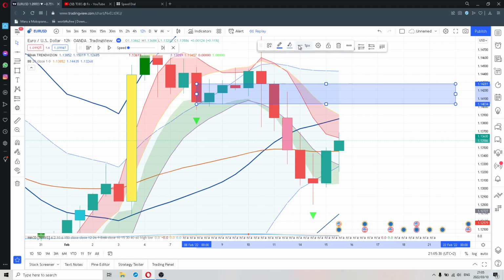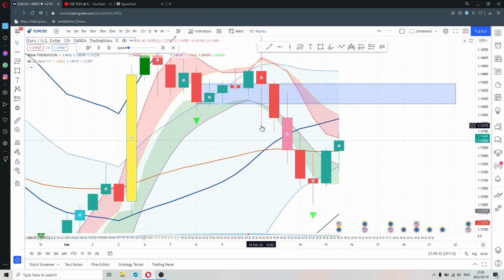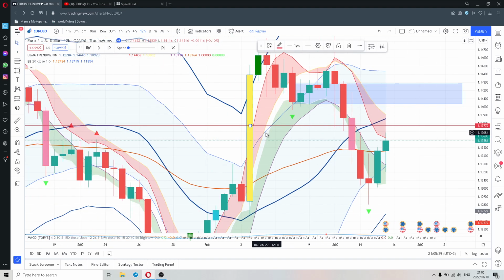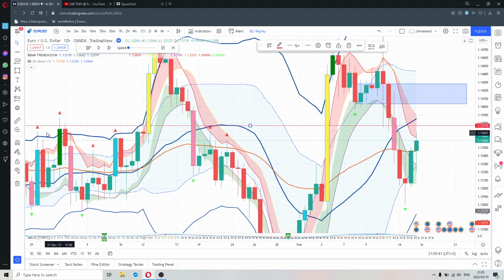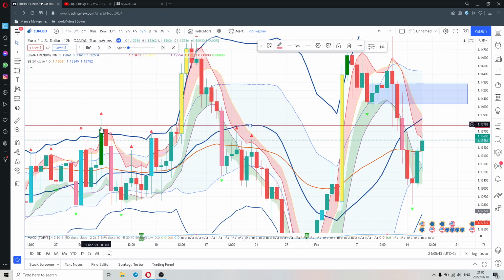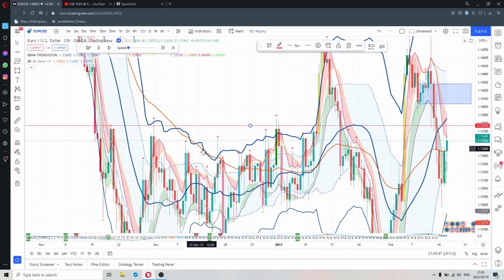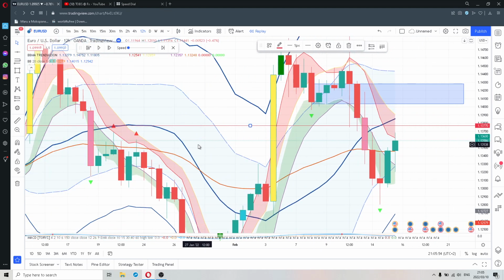So what you do, support and resistance, your support and resistance right there. As you can see, we have a touch there, we have a touch there, and touch and touch. So it's a good support and resistance.